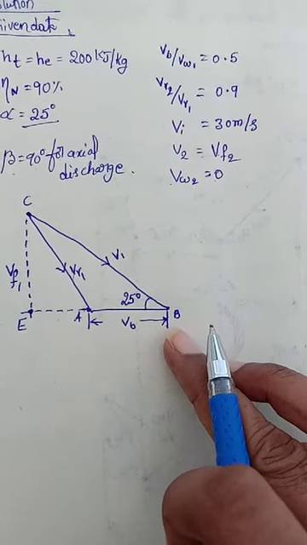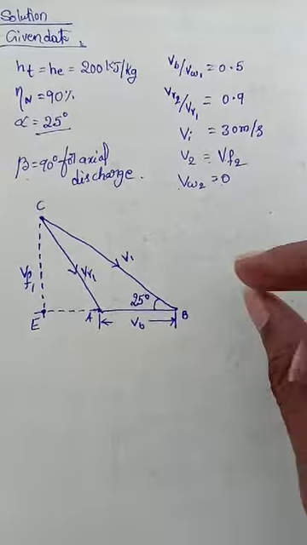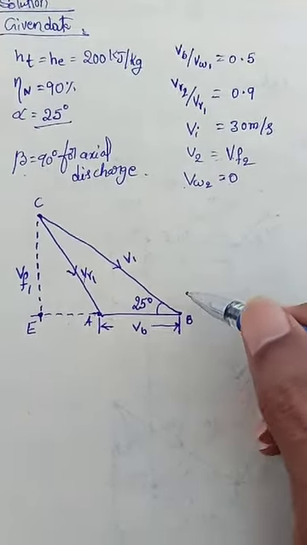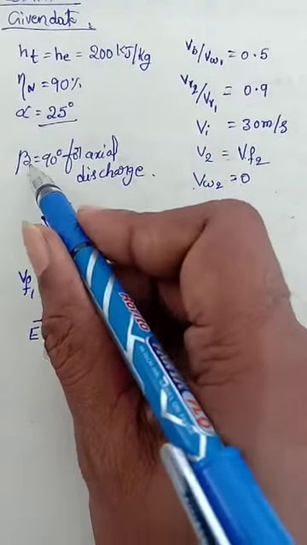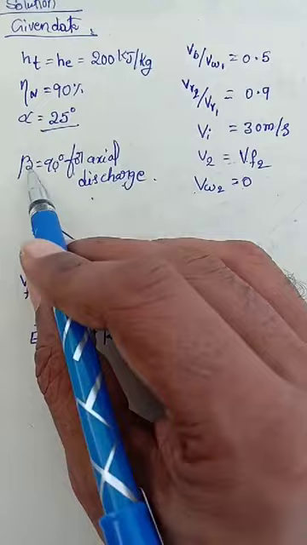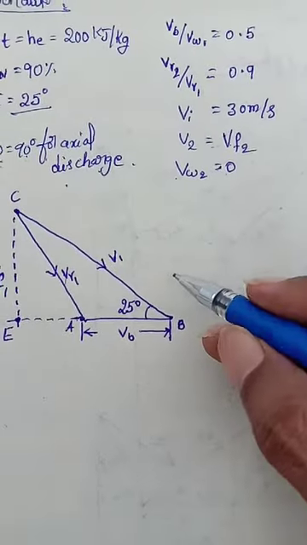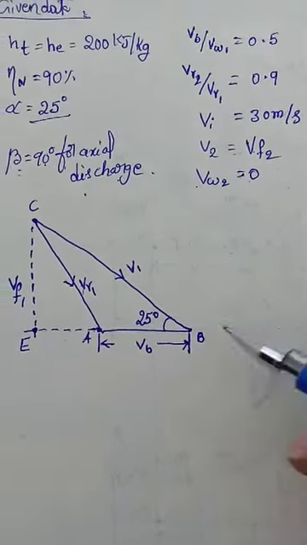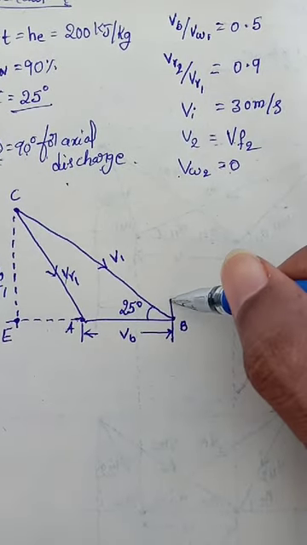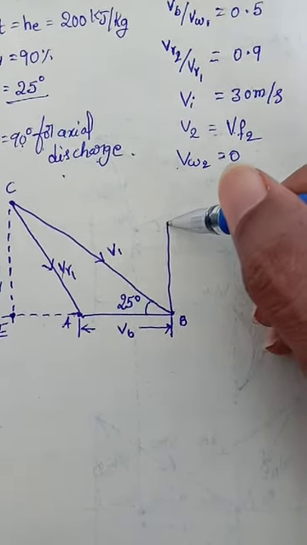Now we are going to draw the outlet blade. When it comes here, the angle beta is equal to 90 degrees for axial discharge. So we are going to draw 90 degrees like this, I mean one vertical line.